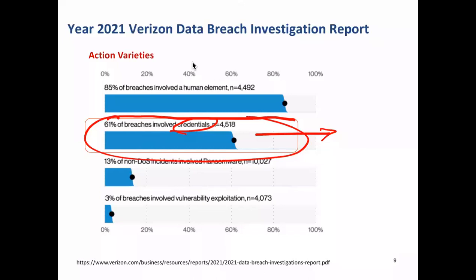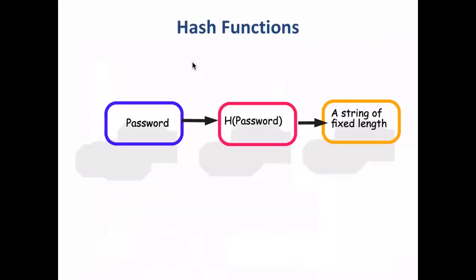Okay. All right. And this is the way in which passwords are stored. Passwords used to be stored earlier in plain text in the server, right? Or system. That was maybe many years back.